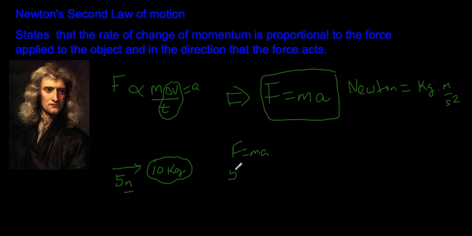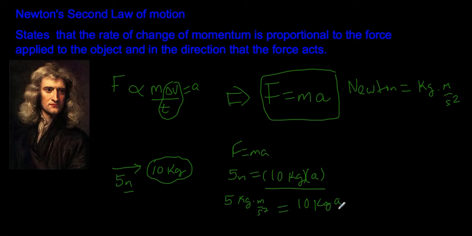If I fill in my formula, I have 5 newtons is equal to 10 kilograms times my acceleration, which is what I'm looking for. Let's convert this and make it 5 kilograms times meters divided by seconds squared. Then I divide by 10 kilograms.